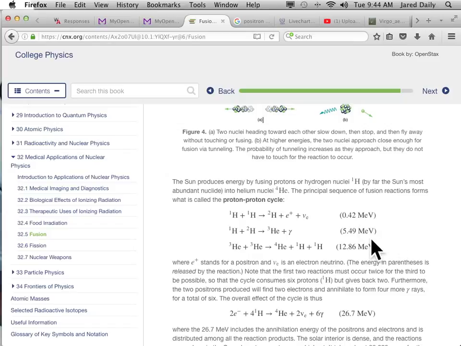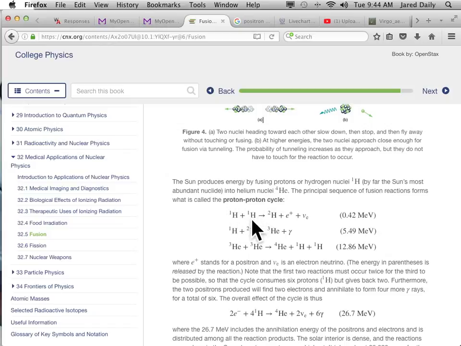And so this is what goes on when you have two hydrogen atoms close together with sufficient energy nearby. They will combine to make hydrogen-2, which essentially means that one of these hydrogens, which are just protons, right?